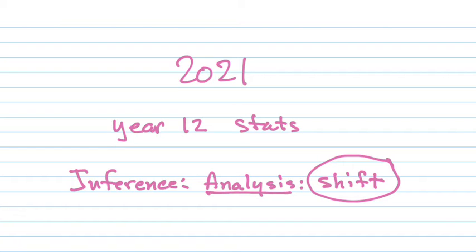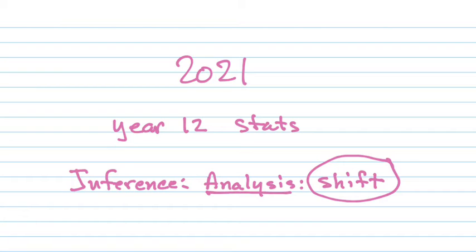Because remember, this is a math class. You can say that there is a shift, but if you don't tell us by how much or what the numbers mean and what the numbers are, then we can't give you credit for it, right? So pay close attention to the way we're going to be describing the shift in this case.